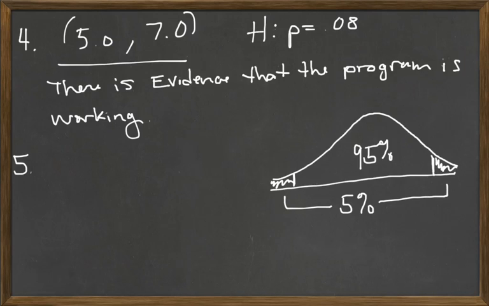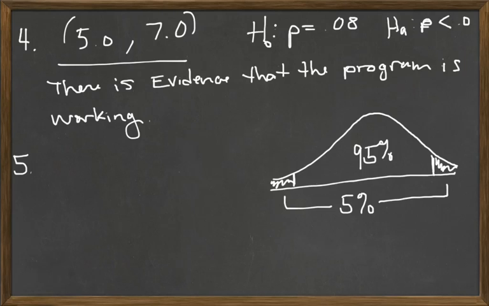But my alternative, HA, I forgot my O, HA is p is less than 0.08. And so what we're going to say is that is not two-sided, is it?